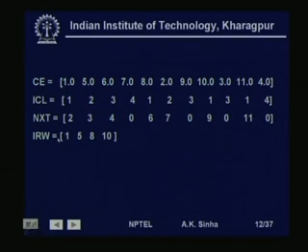This array tells us row number 1 starts at position number 1, row number 2 starts at position number 5, row number 3 starts at position number 8, and row number 4 starts at position number 10.